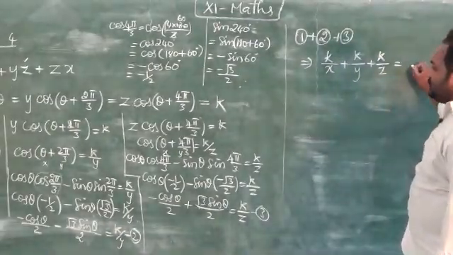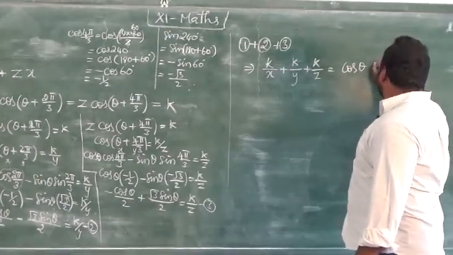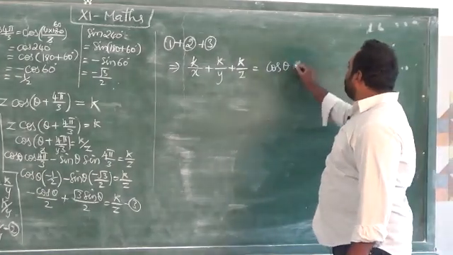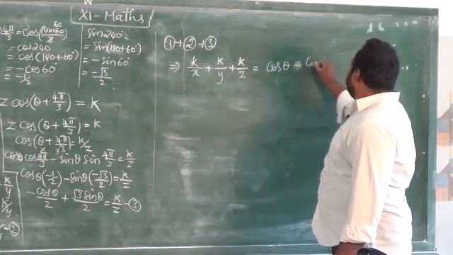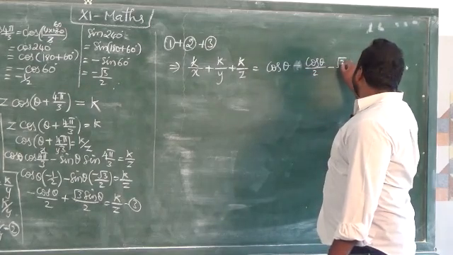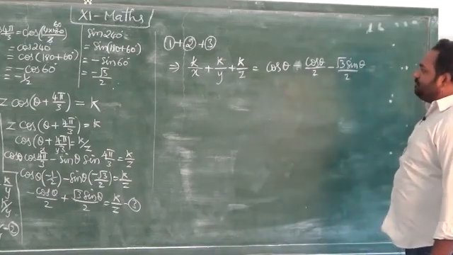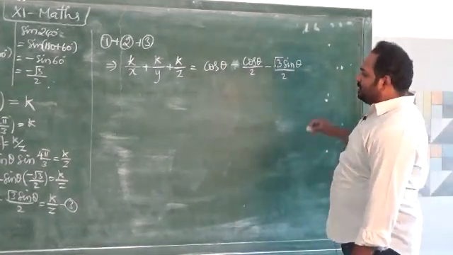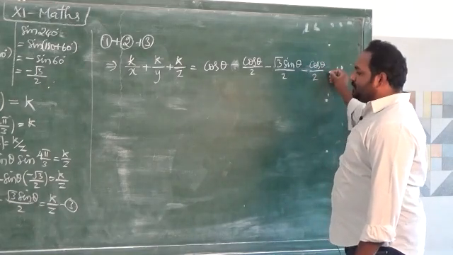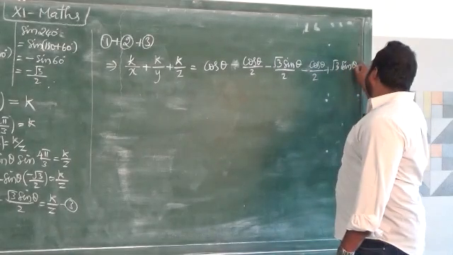K by x value is cos theta, plus k by y value is minus cos theta by 2 minus root 3 sin theta by 2, next plus k by z, minus cos theta by 2 plus root 3 sin theta by 2.